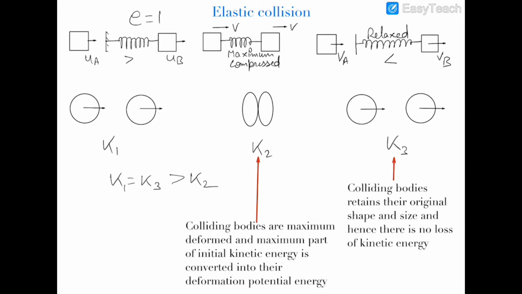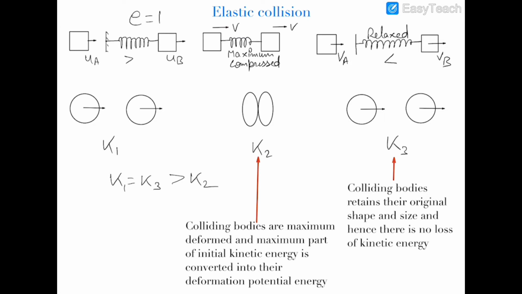The kinetic energy of the system in this case is equal to the kinetic energy of the system in this case. So the system finally regains its original kinetic energy, and as there is no loss of kinetic energy, we can say that it is an elastic collision.